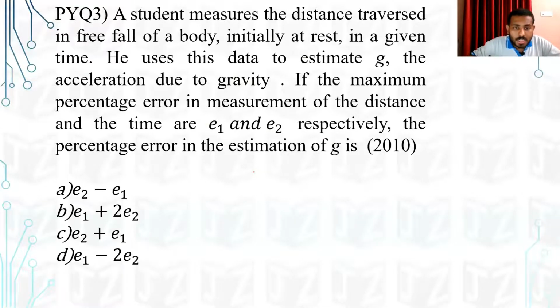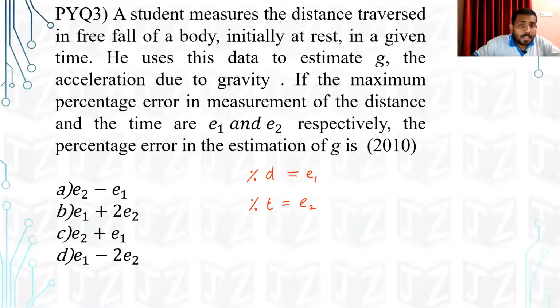So the percentage error in distance is given as E1 and the percentage error in measurement of time is given as E2. So let us analyze the question in a little bit of detail.